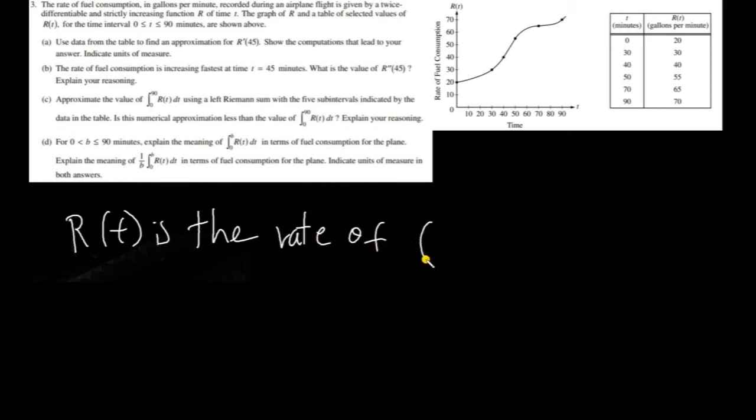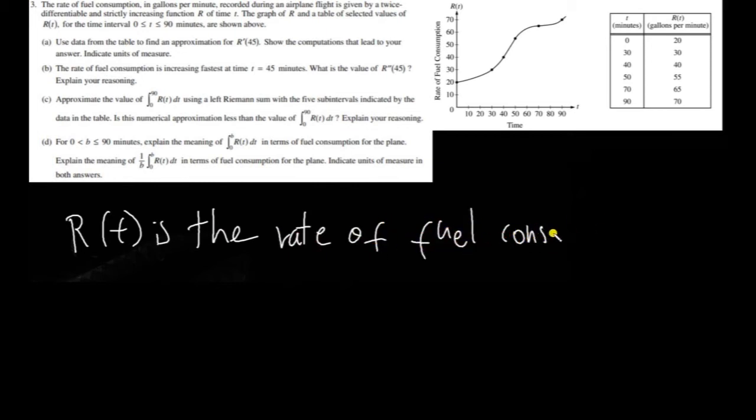Okay, so finally for part D, for 0 to 90, explain the meaning of the integral from 0 to b of r of t, and 1 over b times the integral from 0 to b of r of t. Okay, so let's take a look at what r of t is. R of t is the rate of fuel consumption, right?